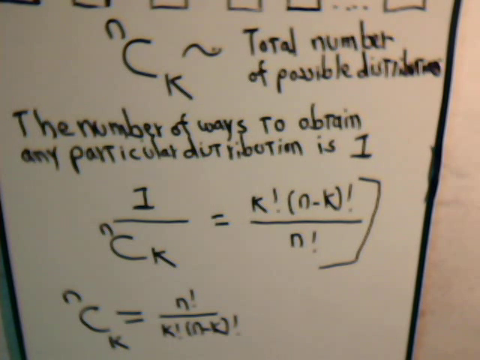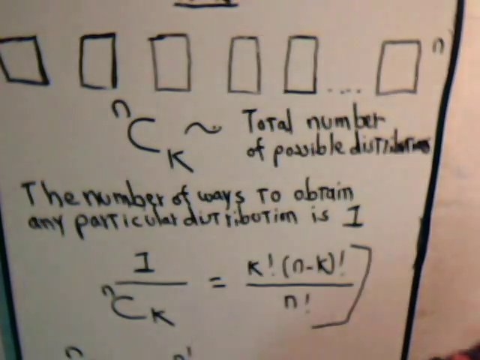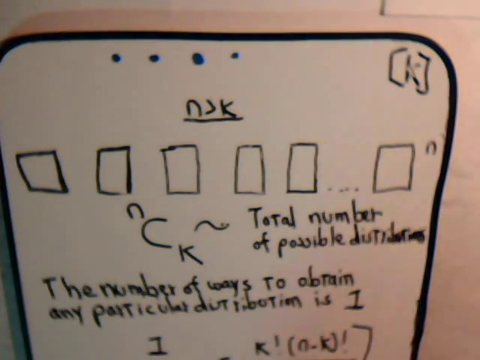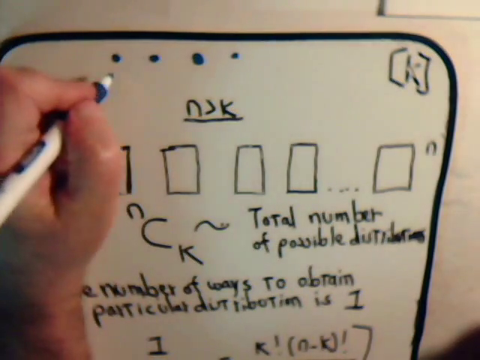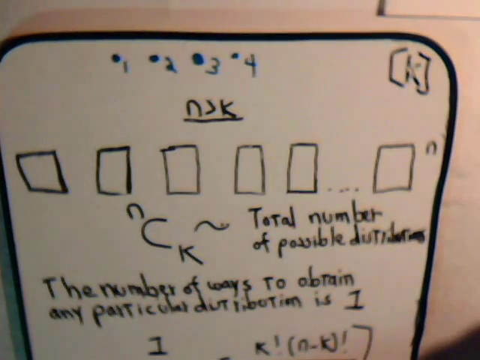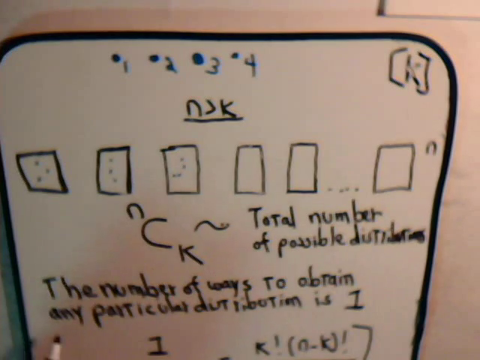this expression. Okay, that's all we had to say for this video. It was actually quite simple because the number of ways of attaining any particular distribution is 1. But remember from our earlier videos, if we had more complicated situations where we had different objects, say this is object 1, a different object 2, a different object 3, a different object 4, and we had more objects in boxes, and we could place multiple objects in each box, then the number of ways of obtaining any distribution wasn't 1.